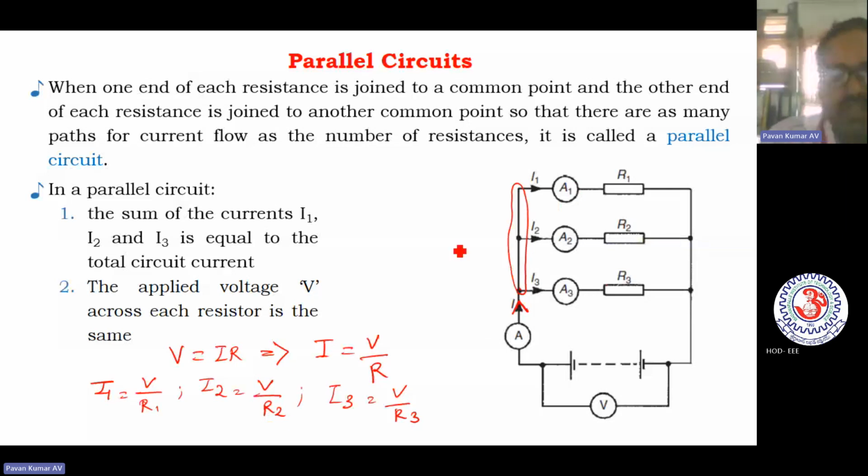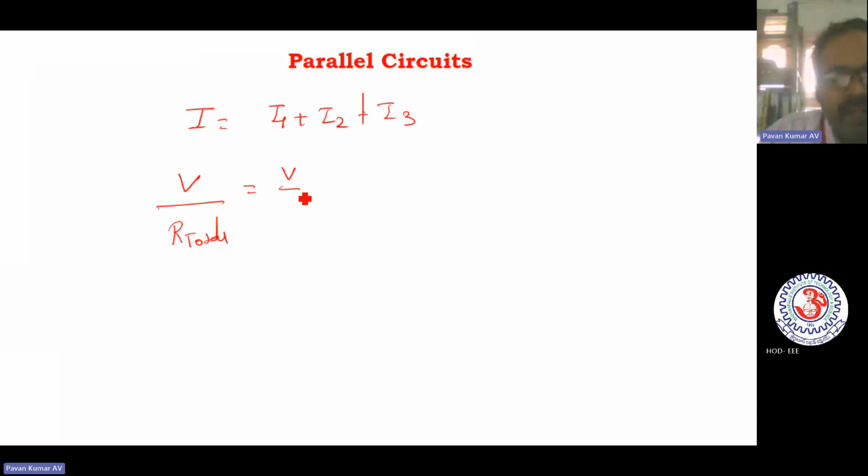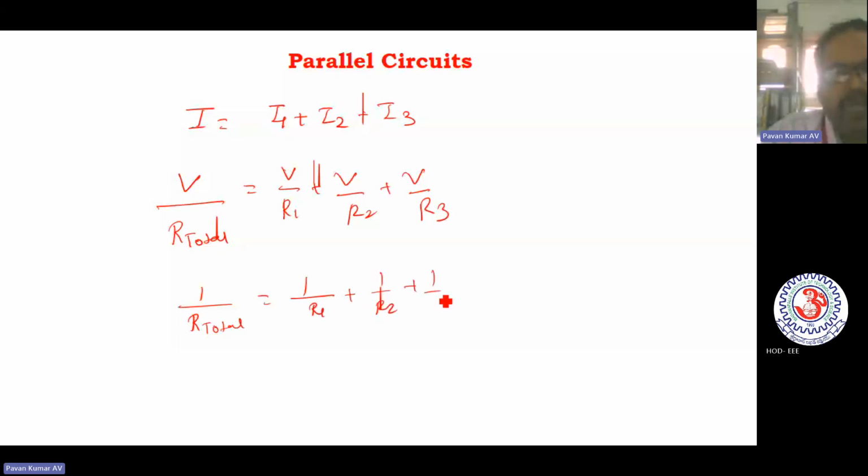At this junction, in a parallel circuit, current I, which divides into three parts, is equal to I1 plus I2 plus I3. So I is nothing but V divided by R total in parallel, that is V by R1 plus V by R2 plus V by R3. Cancelling V on both sides, we have the formula to find the total resistance: 1 by R total is equal to 1 by R1 plus 1 by R2 plus 1 by R3.